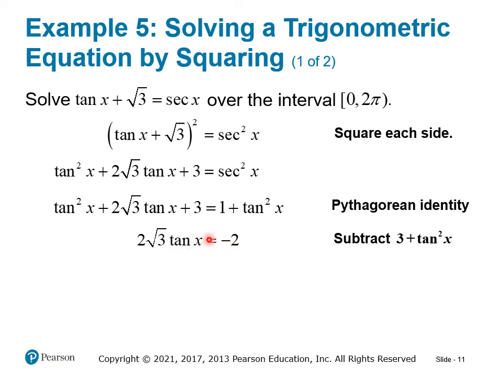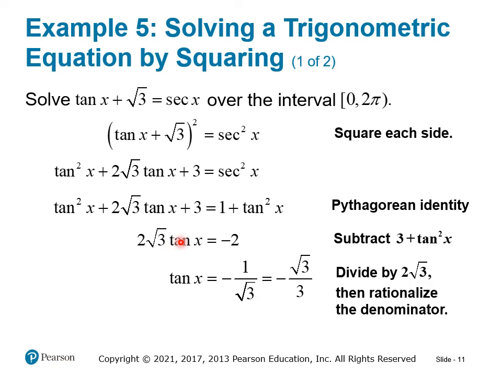Again, I'm trying to get tangent x by itself, ultimately to get x by itself. So the opposite of multiplying by 2 times the square root of 3 is dividing by 2 times the square root of 3. And so I end up with negative 1 over the square root of 3. You can rationalize this, but honestly, I would leave it like this because this is easier for me to see.